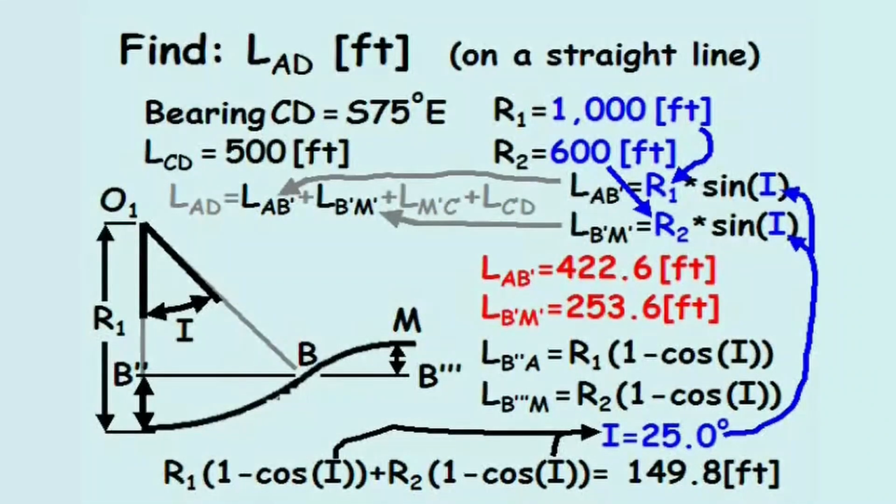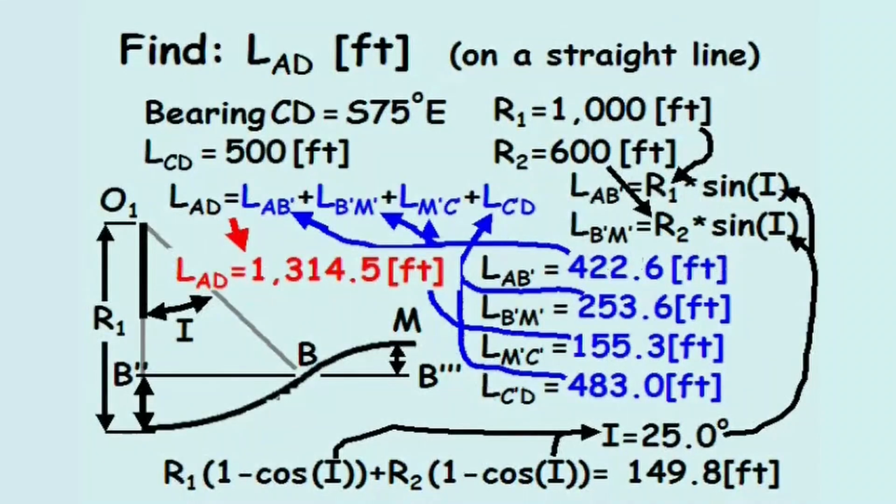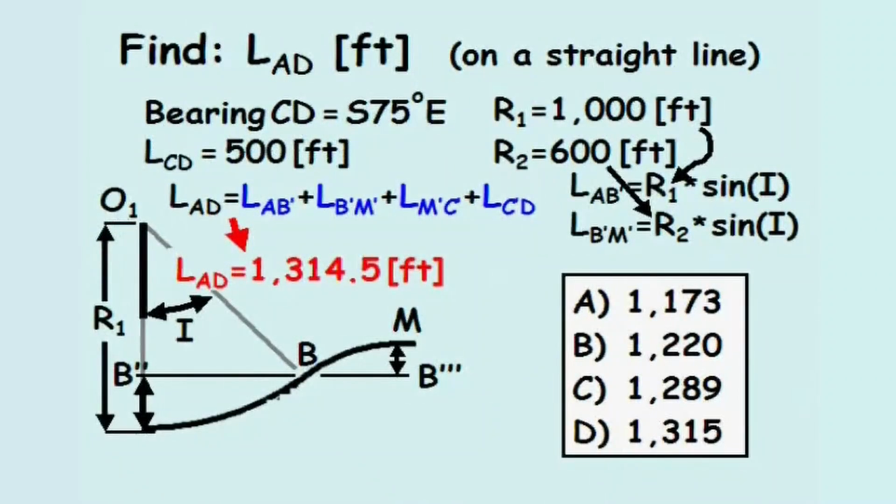Plugging in these two values, as well as the other lengths of segments M'C' and C'D, the straight line distance between point A and point D equals 1,314.5 feet. When reviewing the possible solutions, the answer is D.